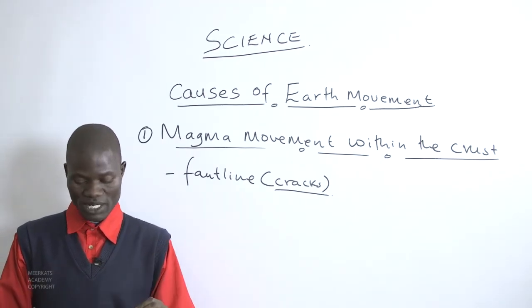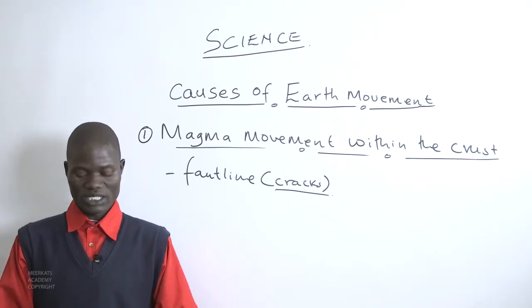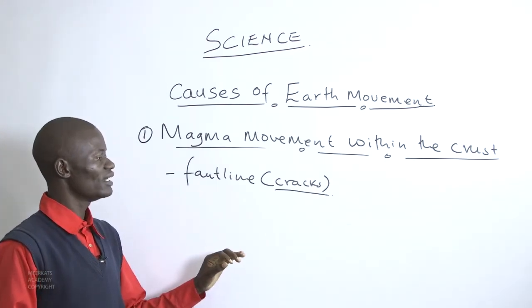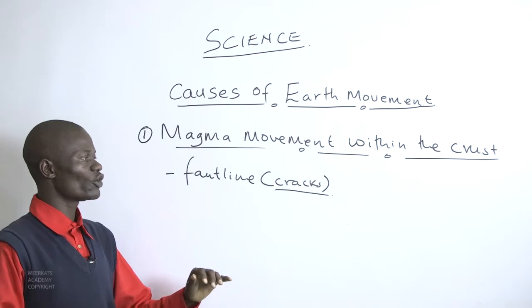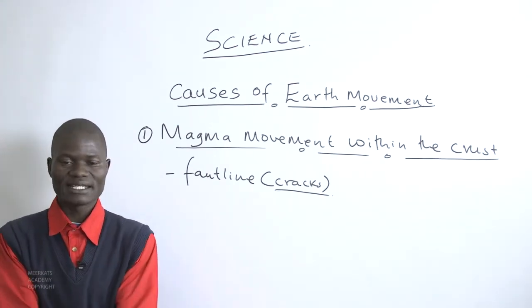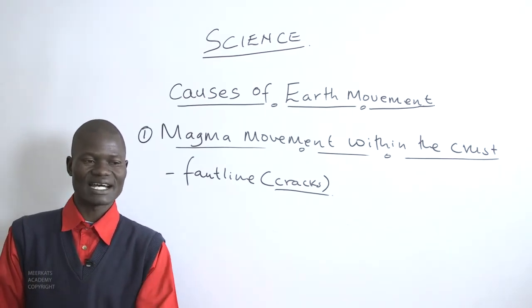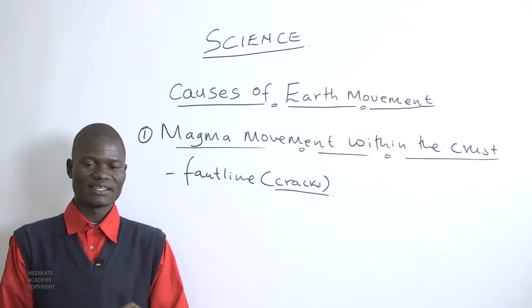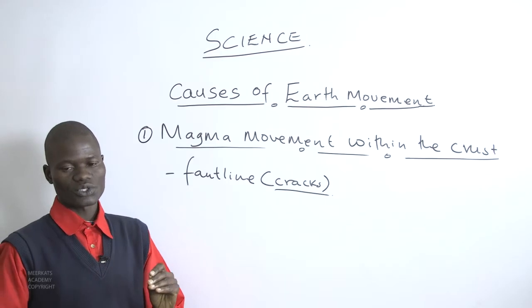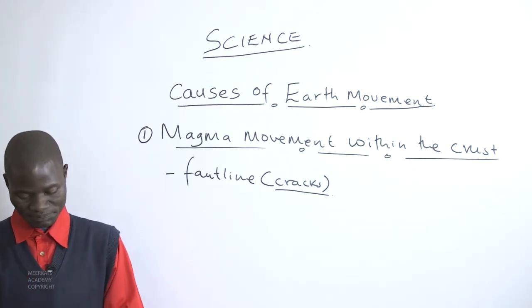And there is a space they occupy within the rocks. When a given space is occupied, whether horizontal or vertical spaces within the crust, it will always cause vertical movement, or sometimes lateral movement, the horizontal movement of the earth.